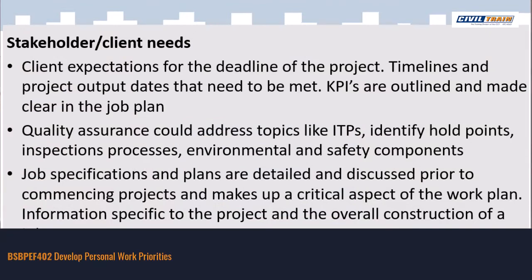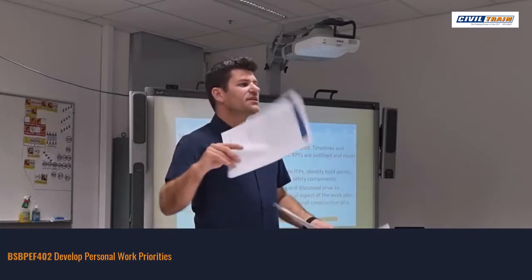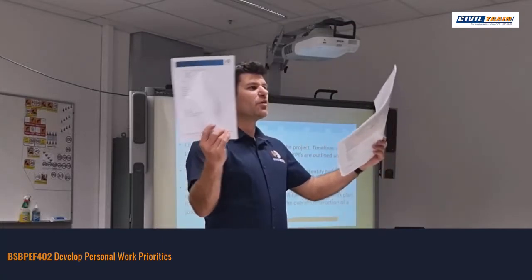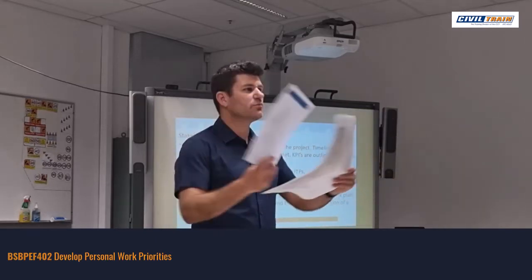Job specifications and plans in detail discussed prior to commencing projects. We haven't purposely done it, but there are discrepancies in here. No doubt Rowan might remember some of these, but basically the plan and the spec don't always align. How often do you find discrepancies within that?